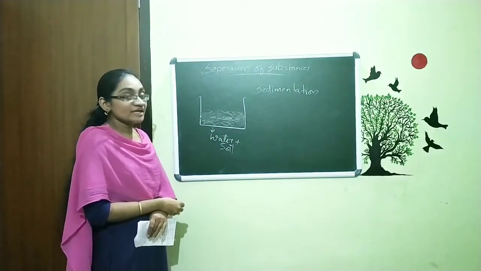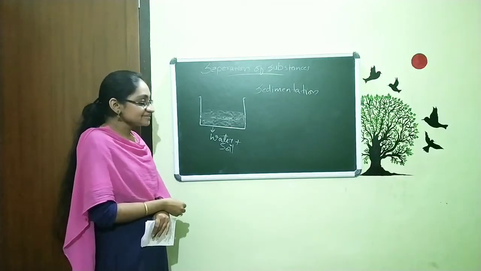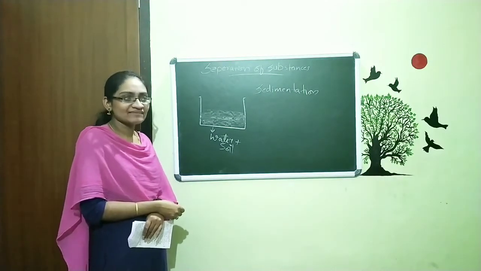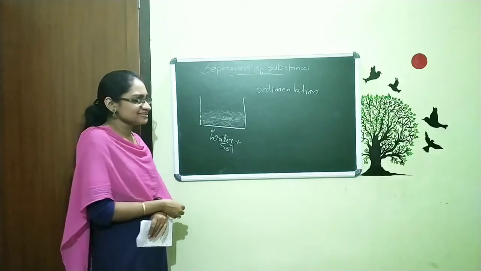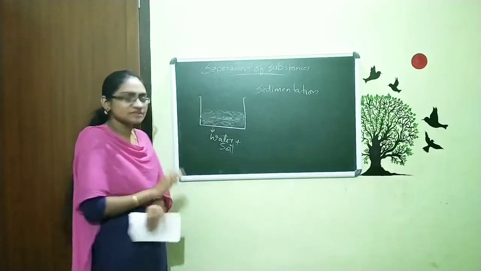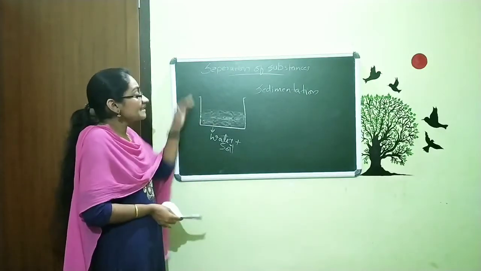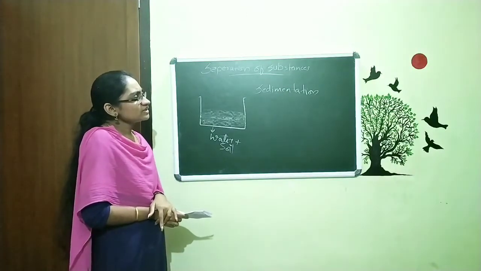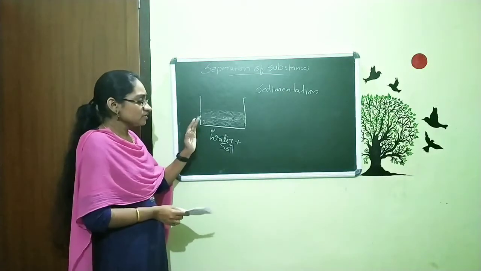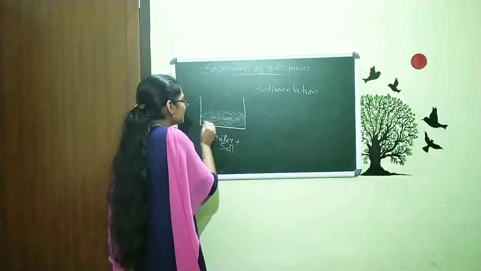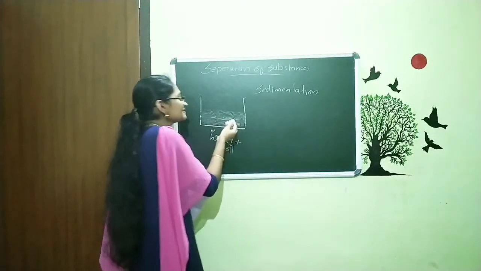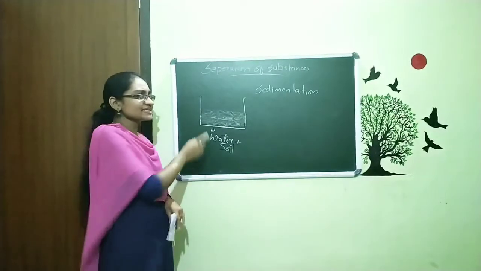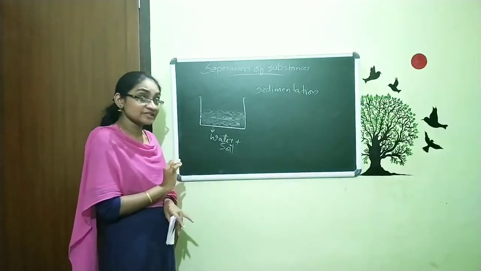But still when I look at the water, I can see that it still has a dull color. That means it is still mixed with soil. It is not completely settling down. There is a problem. So now what do I have to do? In this process I can separate some of the soil particles, that means with sedimentation.